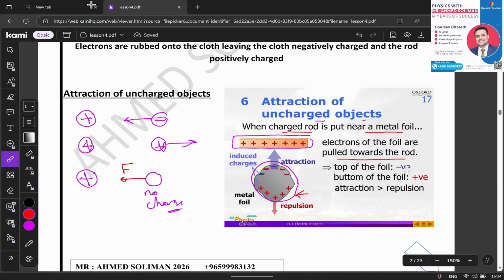So the top of the foil is negative and the bottom is positive. So now the attraction between the negative and the positive becomes greater than the repulsion between this positive and the rod's positive. This is why the resultant is an attraction force. So positive with negative attract, same charges repel, but a charged object with a neutral object will also attract.